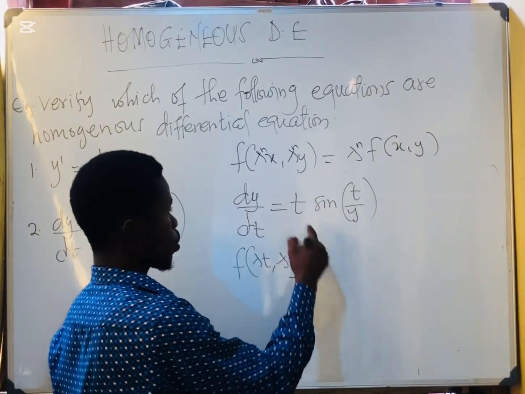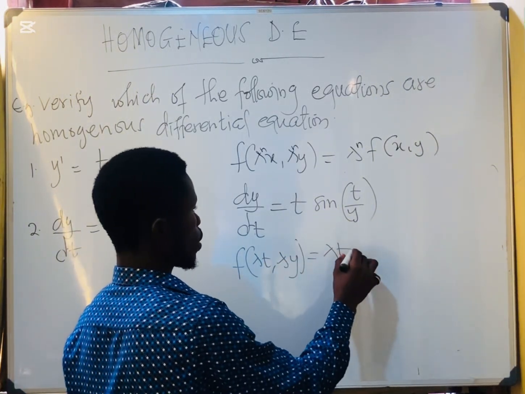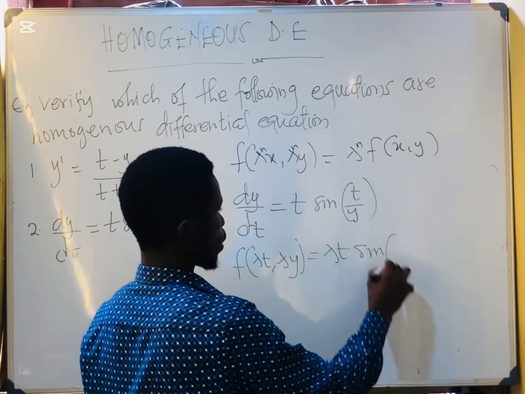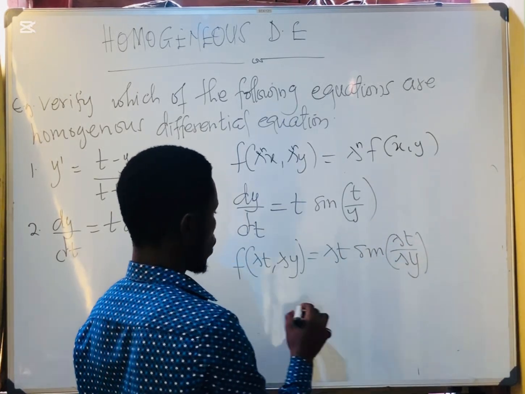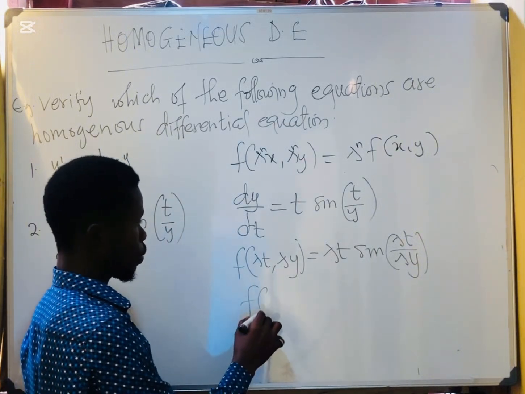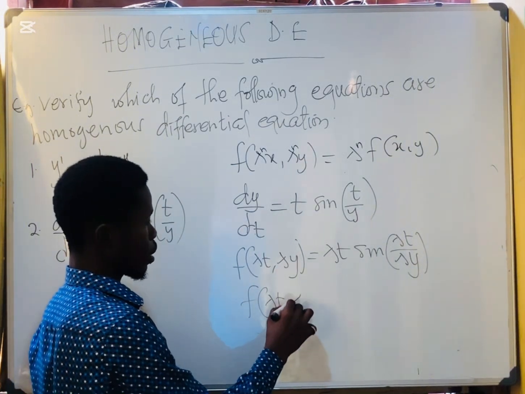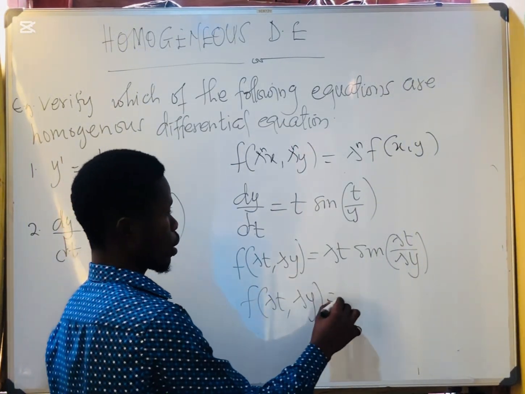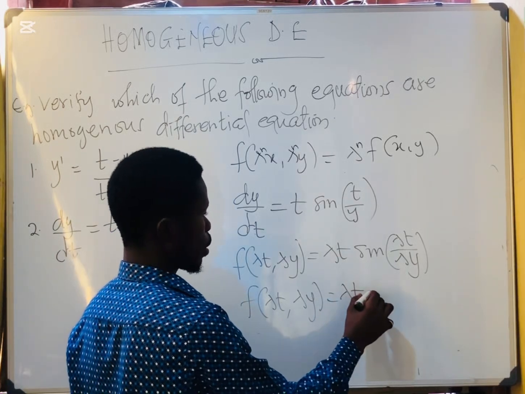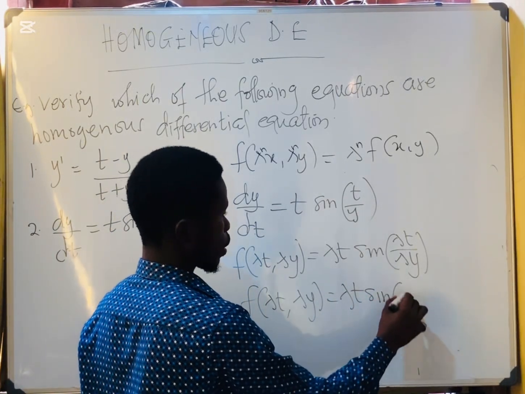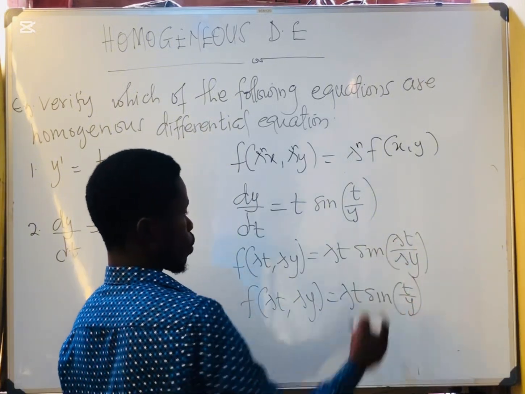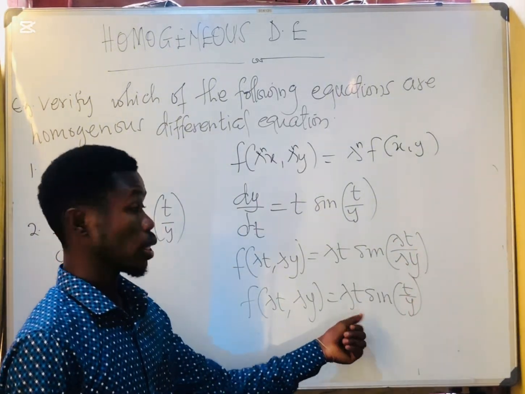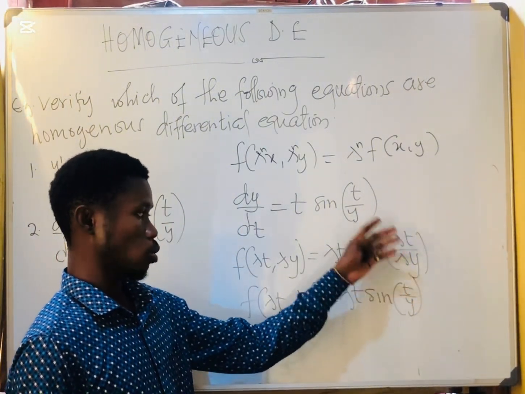I'm just going through. So this side will give us lambda t sin(lambda t, lambda y), and this will definitely give us lambda t, lambda y, lambda t sin(ty). Well, this one will give us something of degree 0, so that will go.